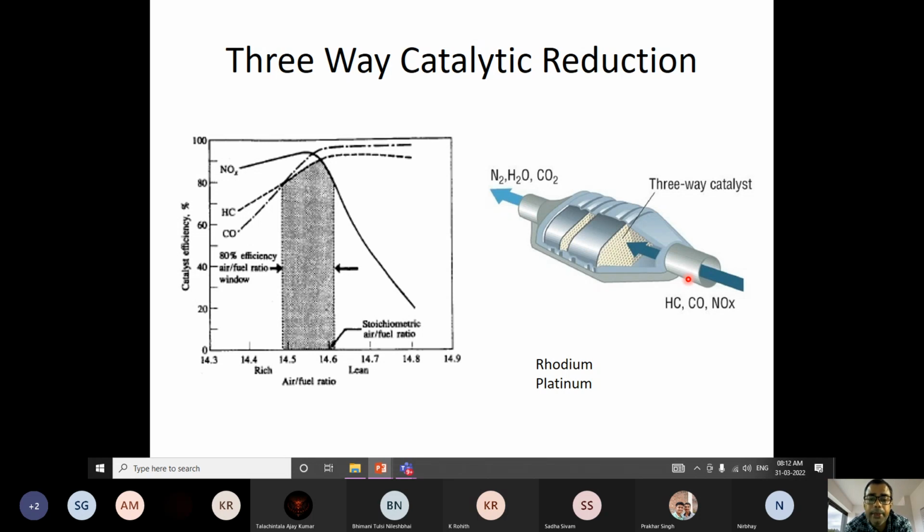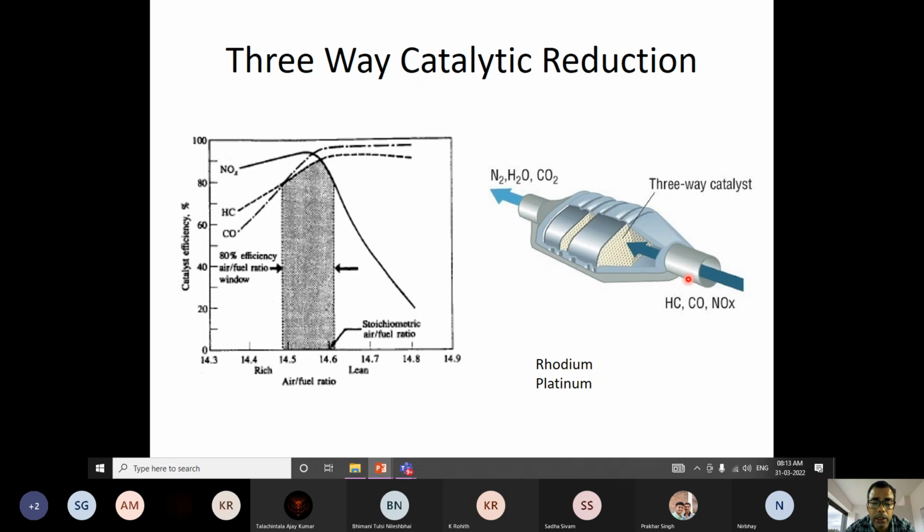And then whatever emissions form, they control through exhaust after treatment technology. So partially both ways is always beneficial to fulfill the emission regulation. EGR is one way to control the formation of emission in the combustion chamber itself during the combustion process.